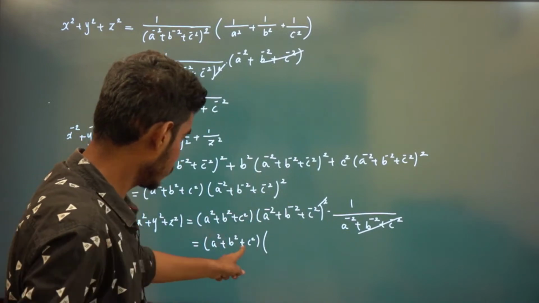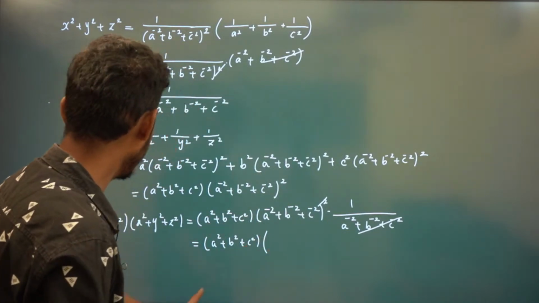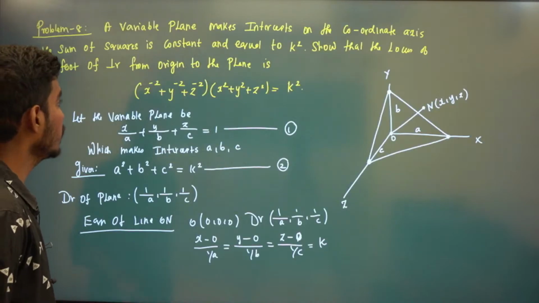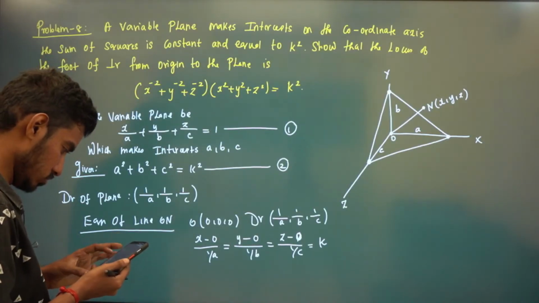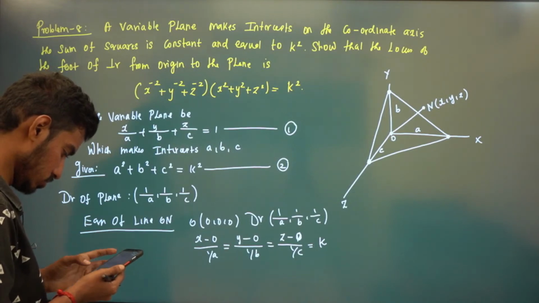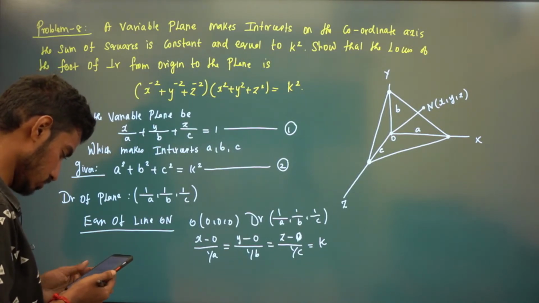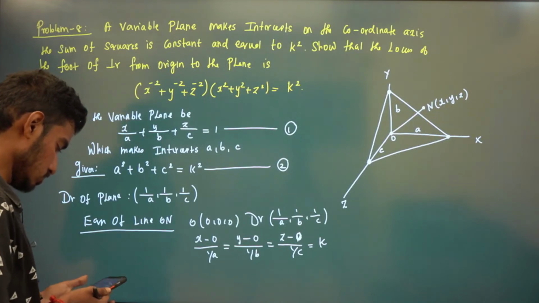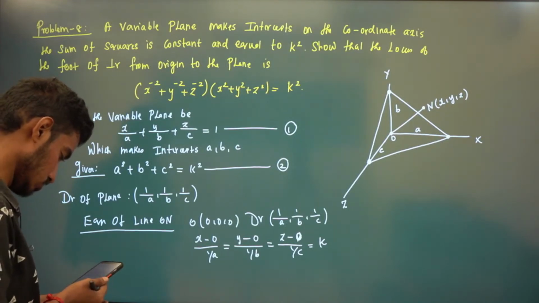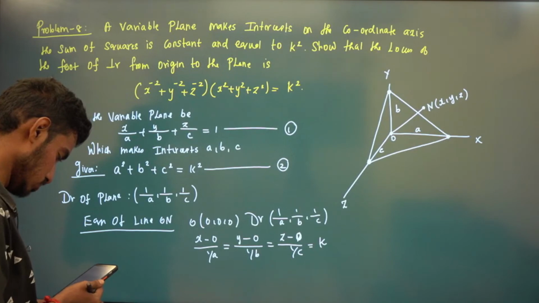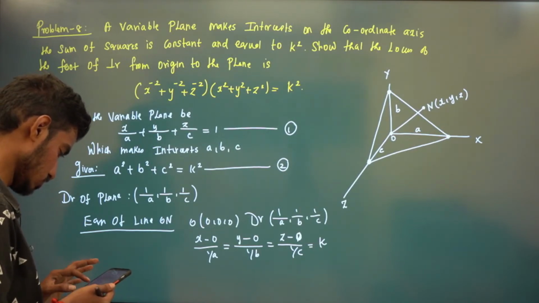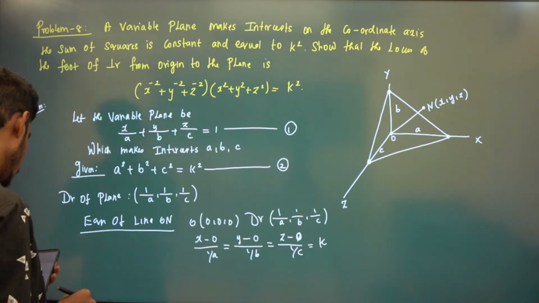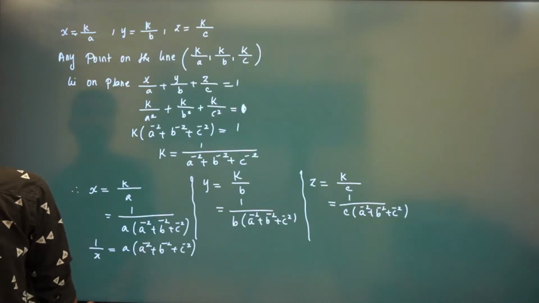So we will have k square times 1 by k, which is equal to k. But we need to show it is equal to k square. So we need to do something.